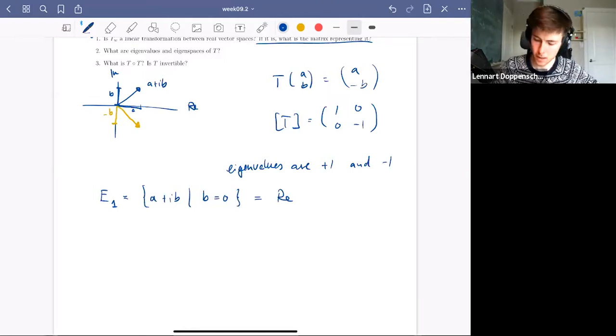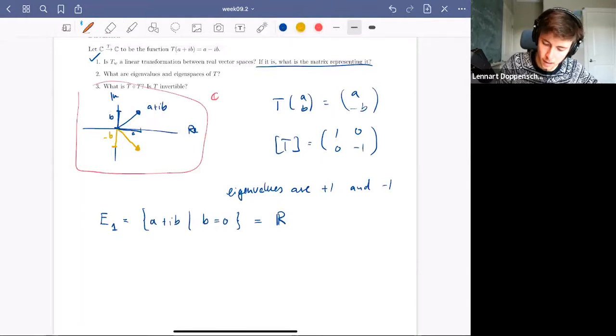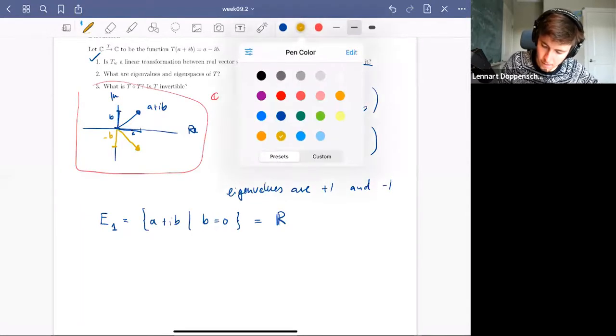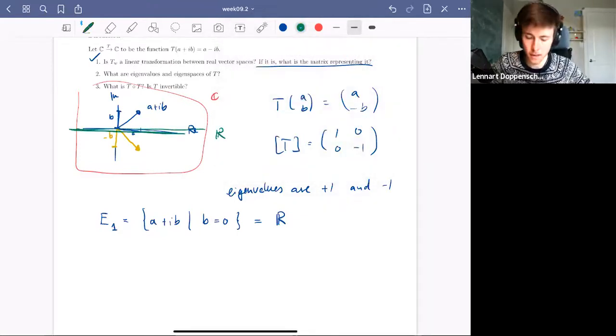This is really bad notation, I use the notation R. So this is the real line inside the complex plane. If you think about this whole plane as C, you can think of just this line as being the real line embedded into it.